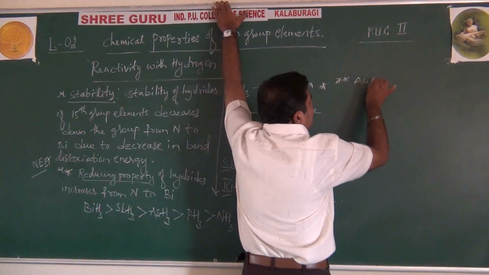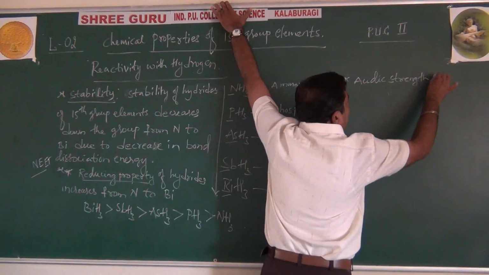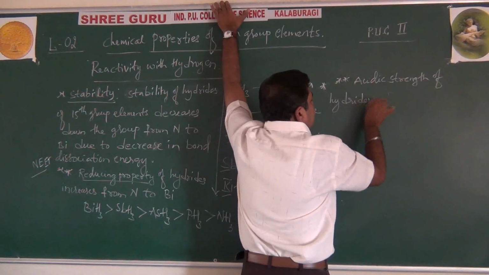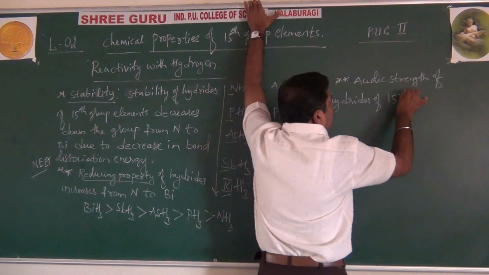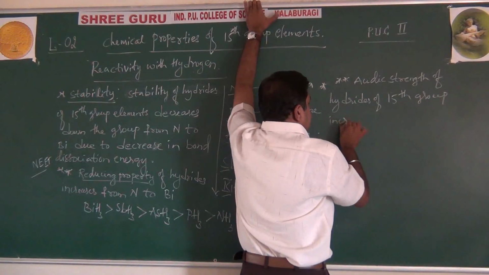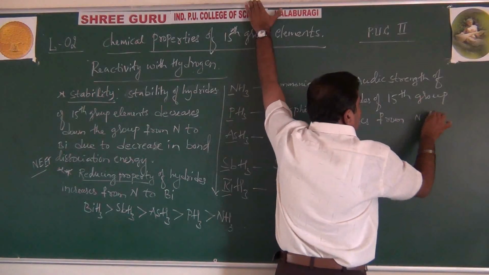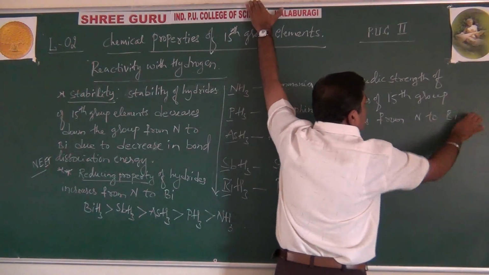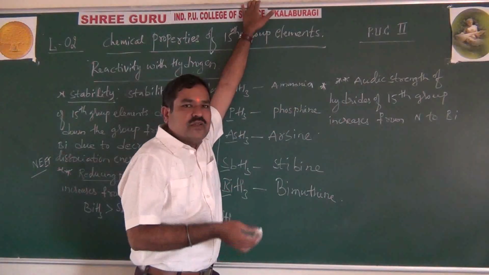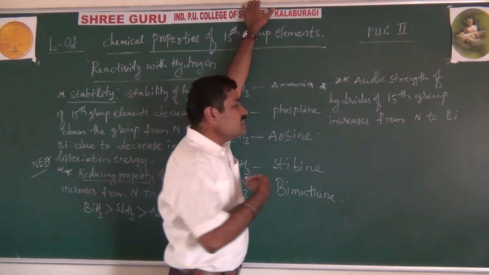Acidic strength of hydrides of the 15th group increases from nitrogen to bismuth. Why? Because bond dissociation energy decreases, and the ability to lose the hydrogen, to give the proton, becomes easy. That's why acidic strength increases.